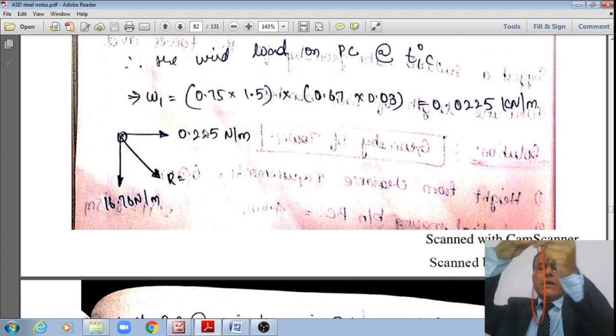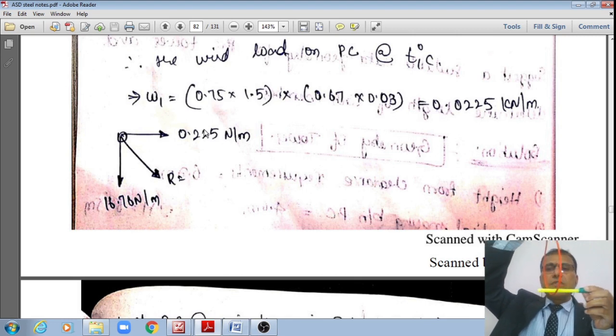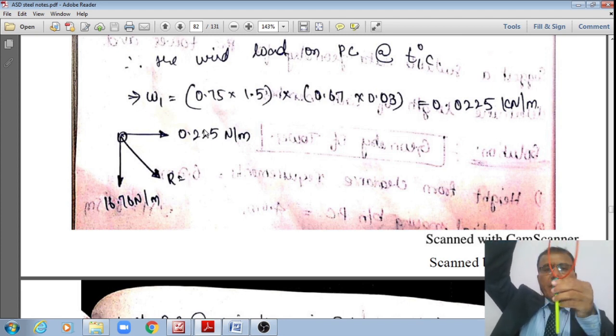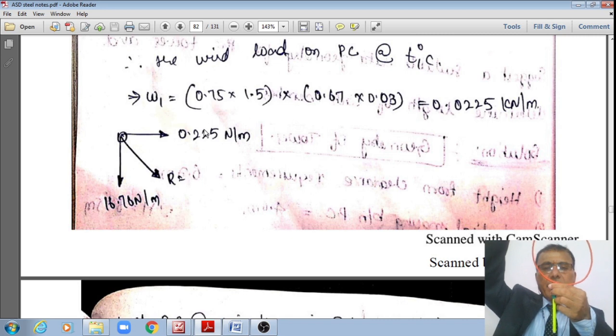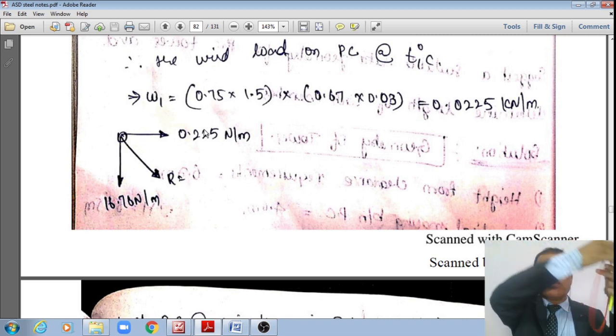That is 0.0225 kilonewton per meter or 22.5, in addition to the self-weight acting in the downward direction. Now I'll get the vectorial sum of these two.